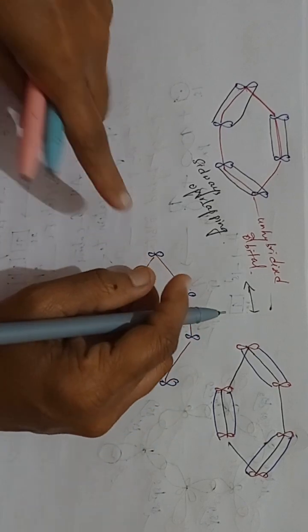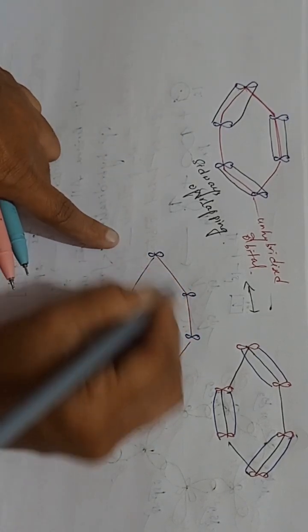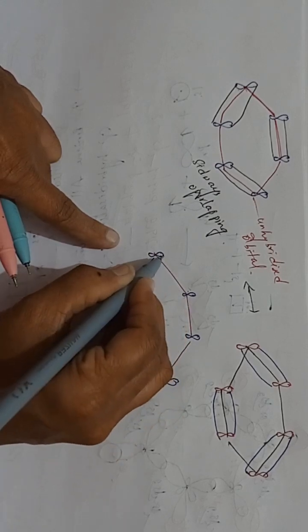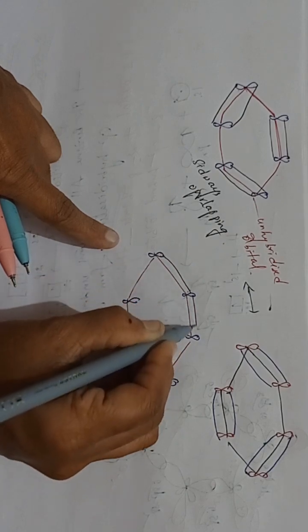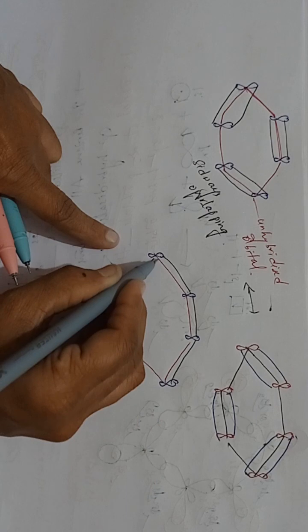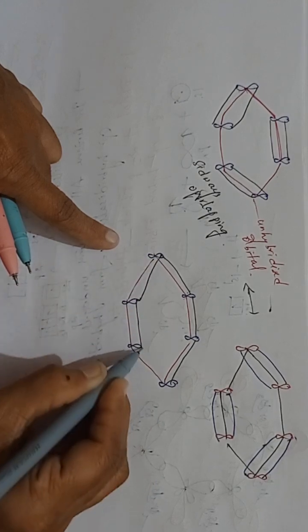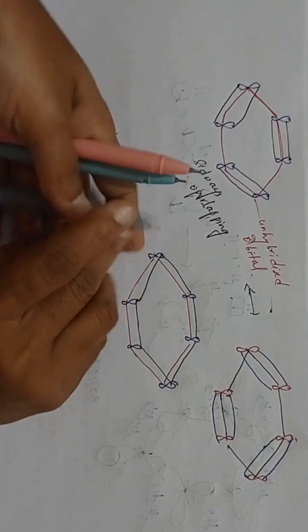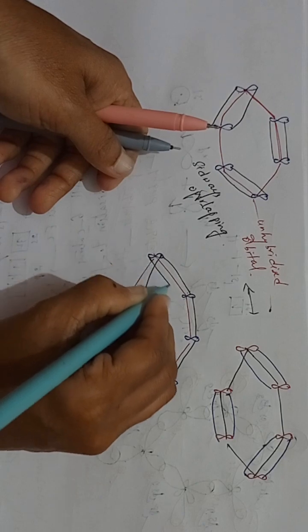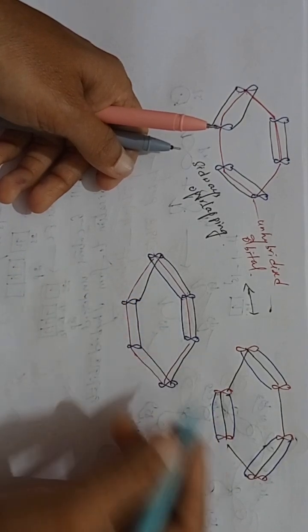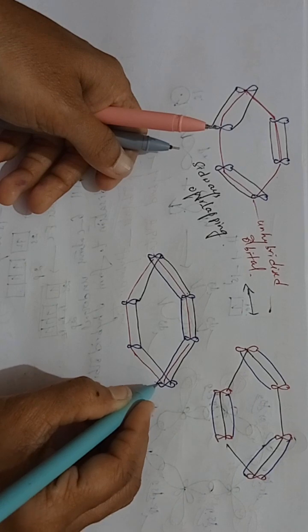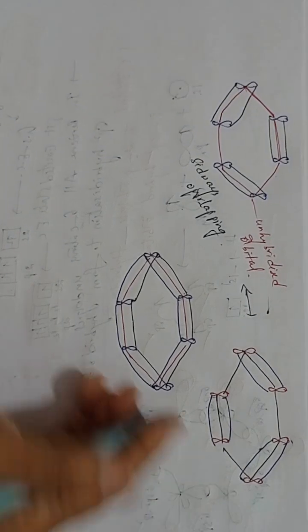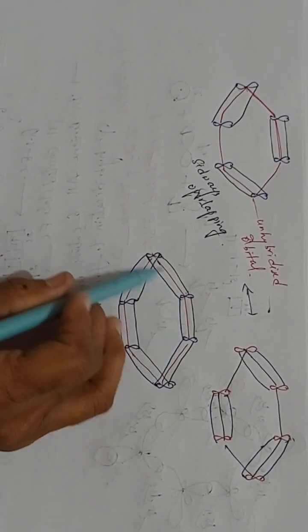Here these are the upper lobes, and next the lower lobes, like this. Clear, students? This red color is the sigma bonds.